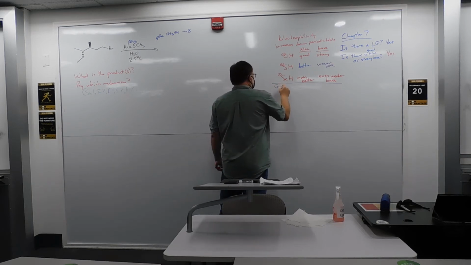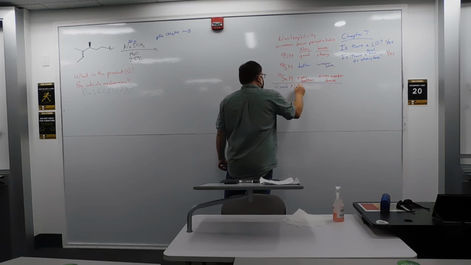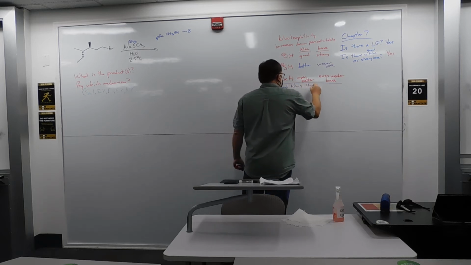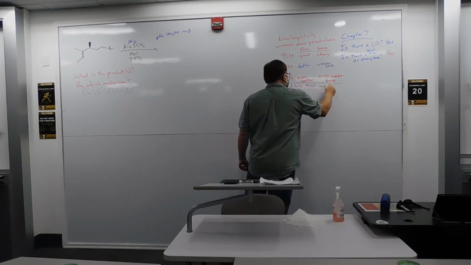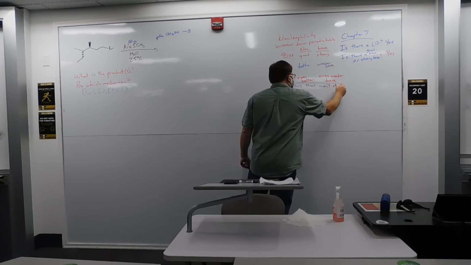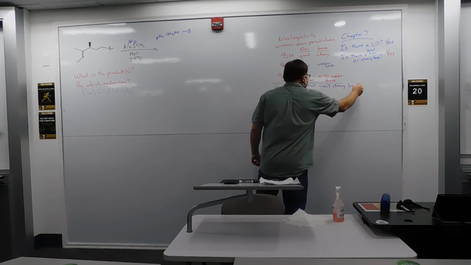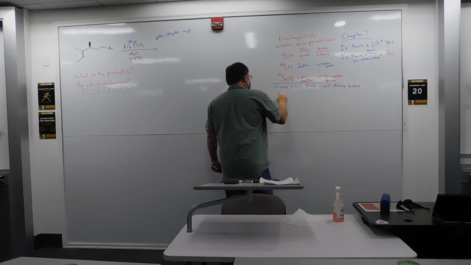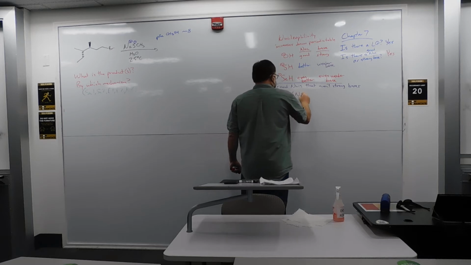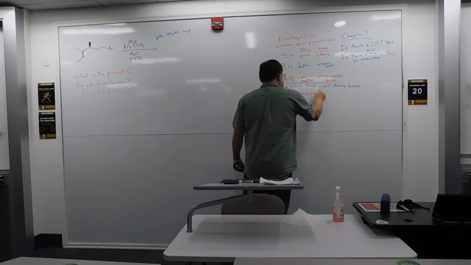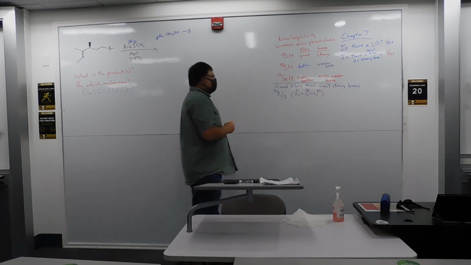So some good nucleophiles that aren't real strong bases. And when I say strong base, I mean Bronsted base. So azide ion, N3 minus, so this is azide ion.